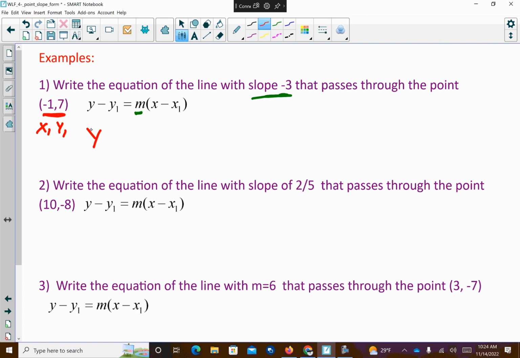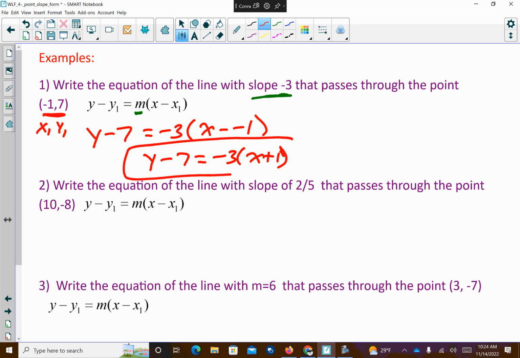So I'm going to plug the opposite of 7 in, so I'm going to have minus 7. The slope we said was negative 3. X minus, and it's minus minus 1. So minus minus 1 is plus 1.